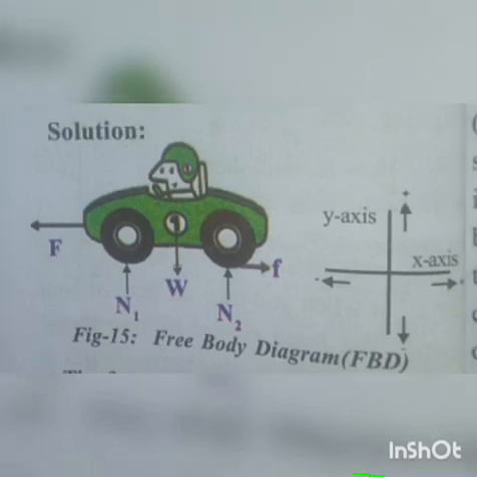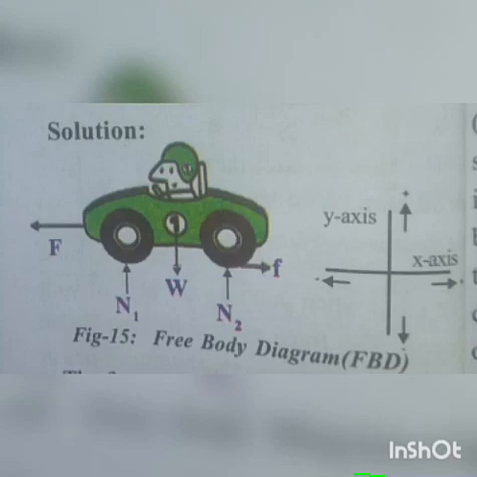Now let us calculate the net force acting on the car. Dear students, if you observe the figure on the screen, in the horizontal direction two forces are acting on the car. They are capital F and small f. Capital F represents the force exerted by the car engine, and small f represents the frictional force.